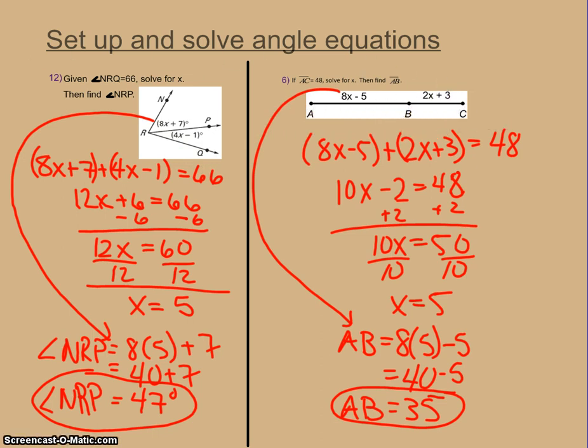Then all we have to do is solve the equation and then plug it in for the part that we need to find. For this one, we needed to find NRP, so we plugged it into 8x plus 7. For this part, we needed to find segment AB, so we plugged it in for 8x minus 5. If you want to pause and look at it, these are identically done. The difference is one's using angles and one's using line segments.